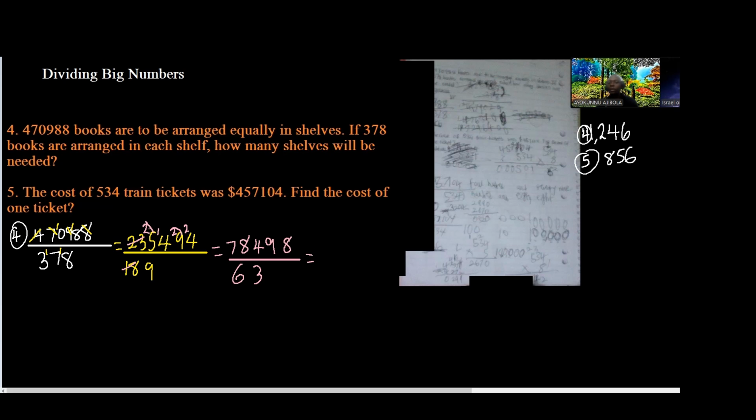So we can still check if we can divide these two by 3. 3 in 7 is 2, remaining 1, because that's 6. 3 in 18 is 6, then remainder nothing. 3 in 4 is 1, remainder 1. 3 in 19 is 6, which is 18, remainder 1. 3 in 18 is 6 again. And 3 in 63, how many 3s in 63?